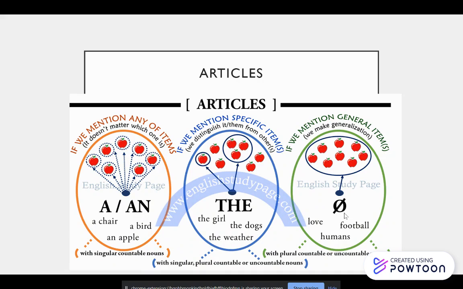And this symbol means zero article. That means we do not use articles here. It is used when we mention general items, when we make a generalization of the whole thing. When we are generalizing in such a way, we are not using articles, zero articles. We won't be using the symbol, we will just use a dash.